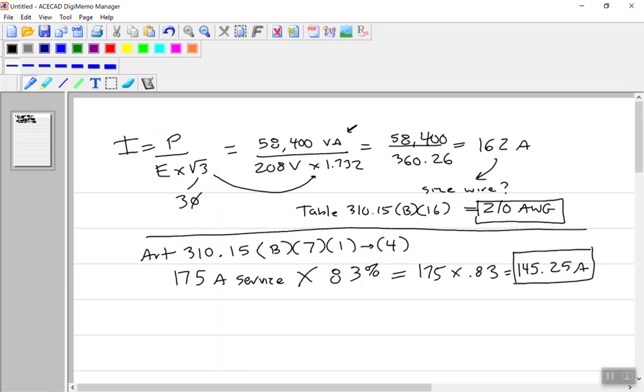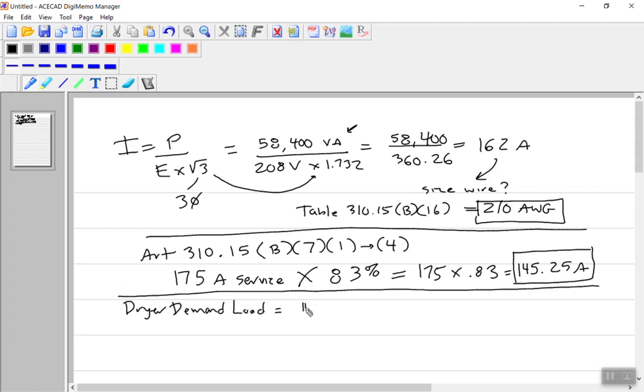So if we're to draw a little formula, let's go ahead and write it down here, right? I'll just put a little line here, right? And we're trying to calculate the total demand, right? So let's put the dryer demand load, right, is equal to the number of dryers times the nameplate or 5,000, whichever is larger, right?